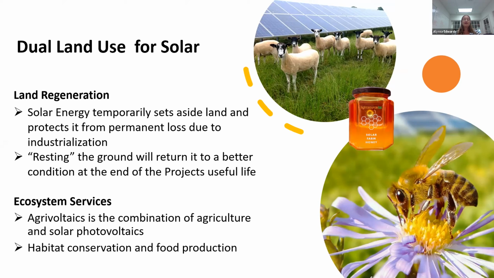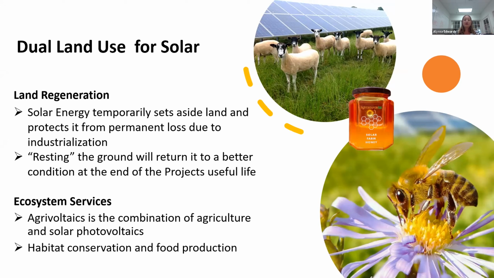It rests the ground, takes it out of agricultural production, and of course there's a whole rejuvenation process that the landscape will go through when it's removed from other types of activities for 30 years. Remember that the infrastructure footprint is actually very light, and the land underneath the solar panels goes untouched for however long, let's say 30 years. So in many ways, solar is land conservation.